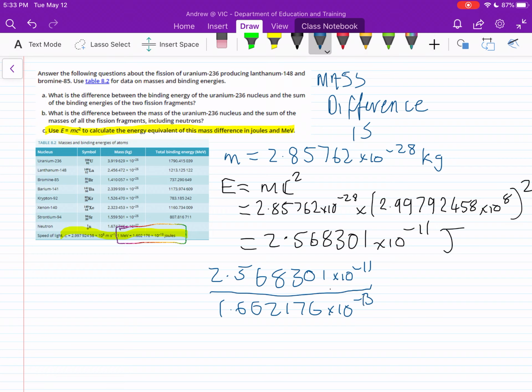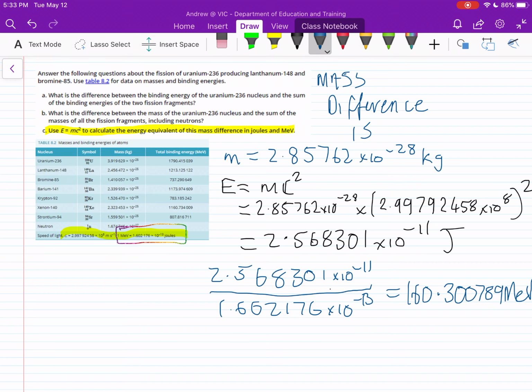So with this now, this should come out to a value of around 160.300789 mega electron volts.